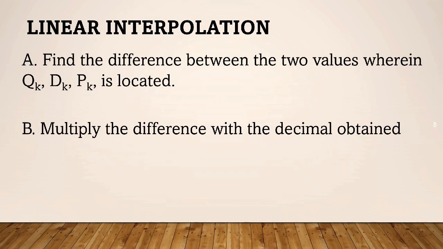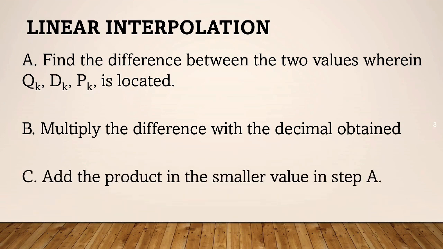Letter A, find the difference between the two values wherein Q sub k, D sub k, and P sub k is located. Letter B, multiply the difference with the decimal obtained. And letter C, add the product to the smaller value in step A. So class, we are going to apply these formulas in some of the examples that will be presented on the succeeding slides.